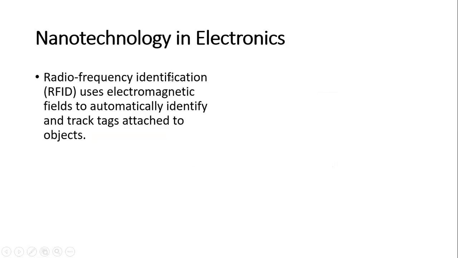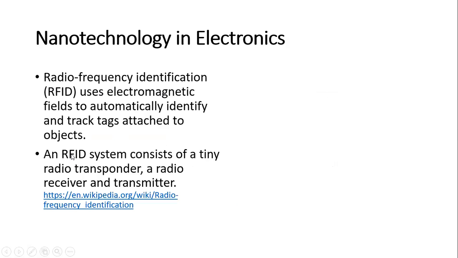RFID is radio frequency identification. Right? We are now using it in cars, Touch 'n Go, right? On the highway. It uses an electromagnetic field to automatically identify and track tags attached to objects. An RFID system consists of a tiny radio transponder, a radio receiver, and a transmitter.